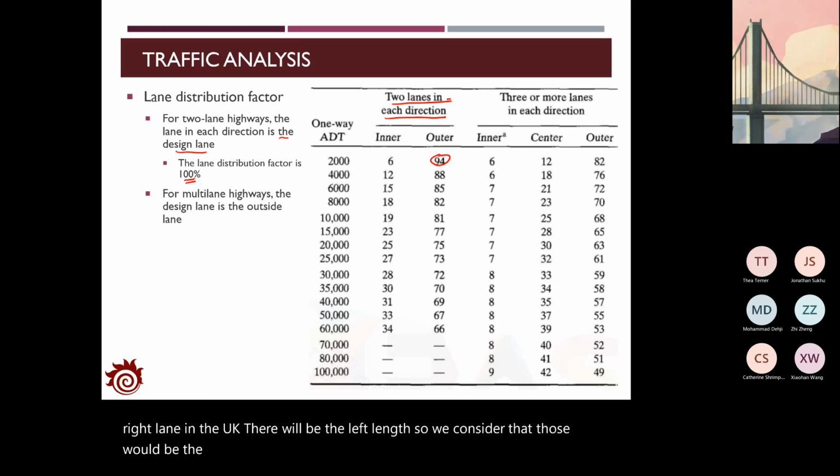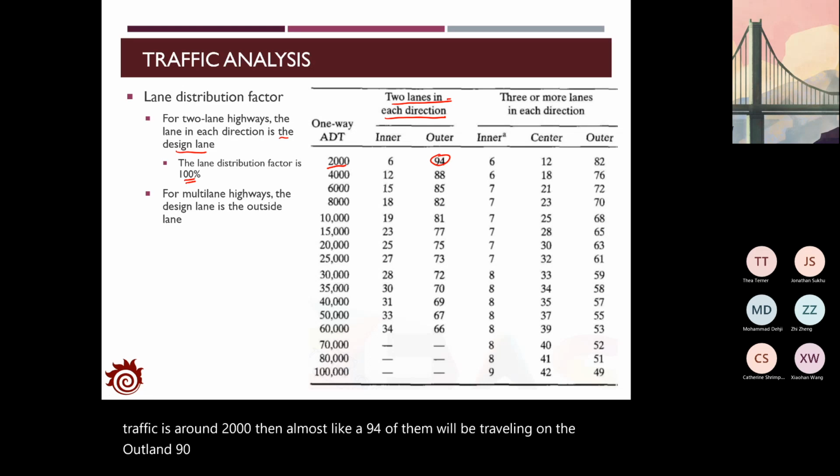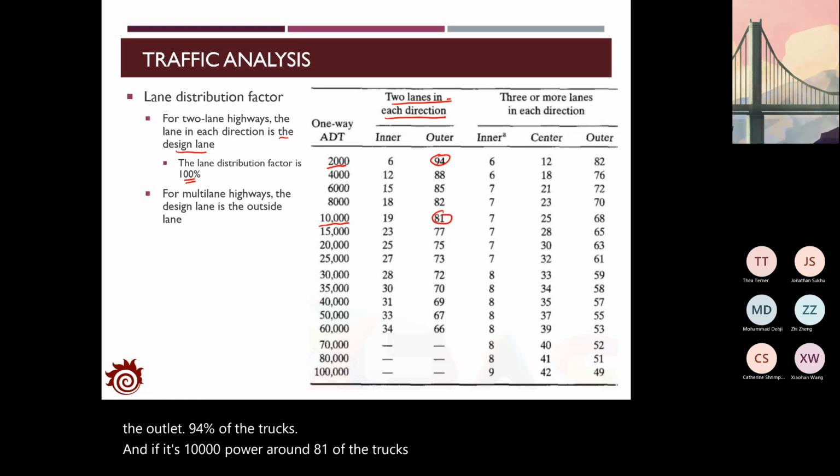Depending on the average daily traffic, if it is around 2,000, then almost 94% of the trucks will be traveling on the outer lane. And if it's 10,000, around 81% of the trucks will be traveling on the outer lane.